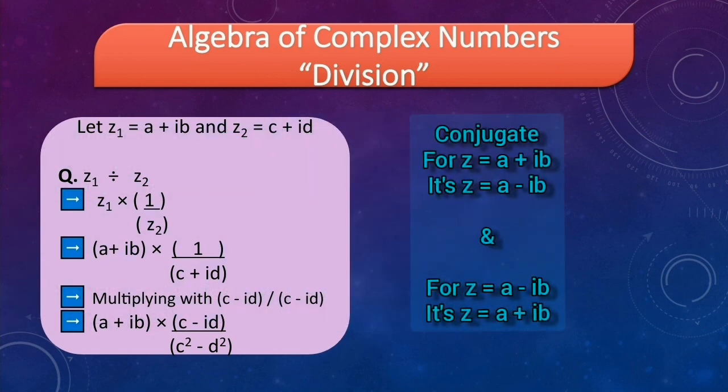Conjugate is nothing but: for z equal to a plus iota b, the conjugate is a minus iota b, and for z equal to a minus iota b, the conjugate is a plus iota b. In simple words, we would just change the sign of the number which is with the iota.